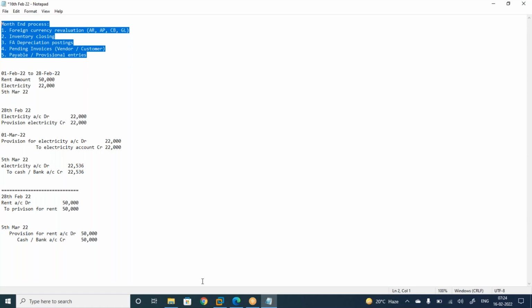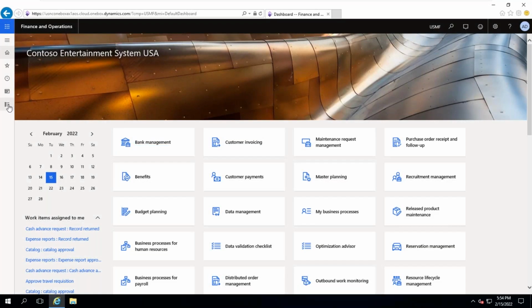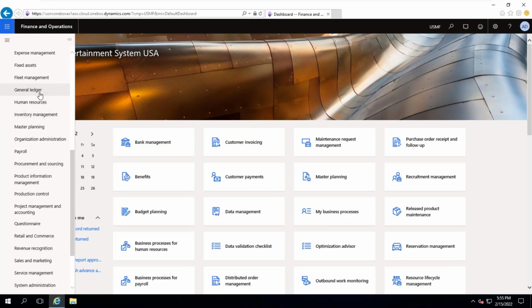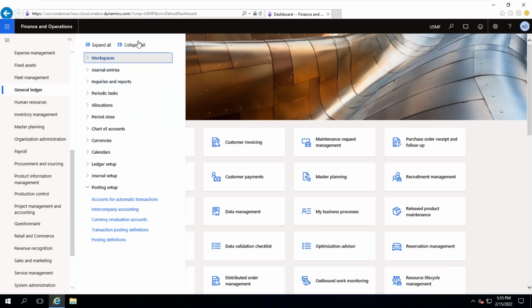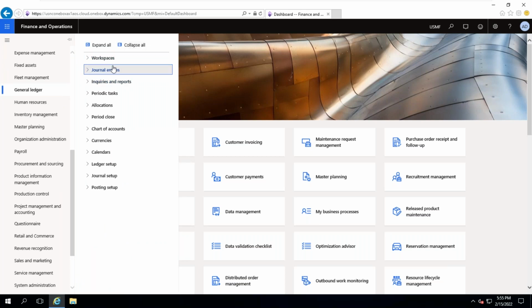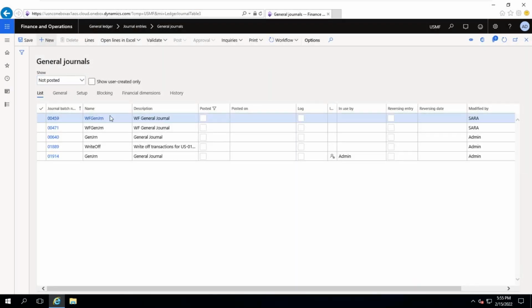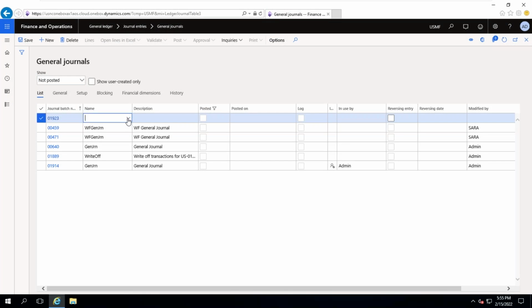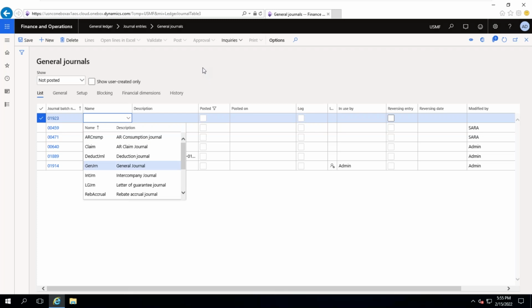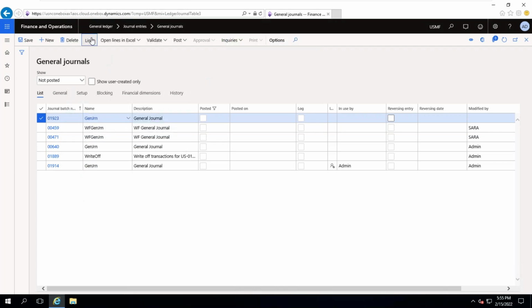Okay, fine. Give me a minute. General ledger, collapse all, journal entries, general journals. Click on the new button, select the journal name, click on lines.